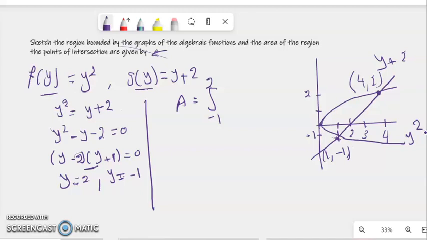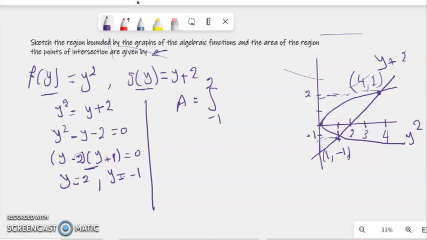So this function here, the 2 intercept points, is all the area under the y plus 2 curve line minus the area under the y squared line.